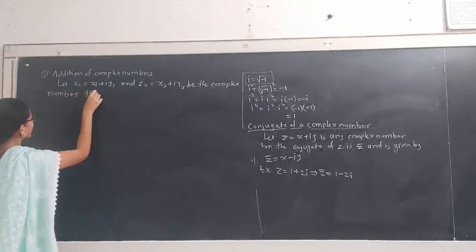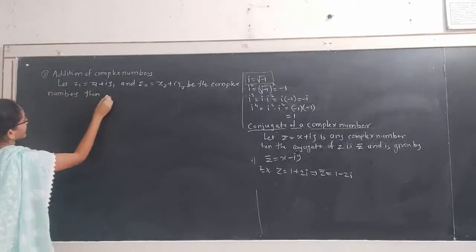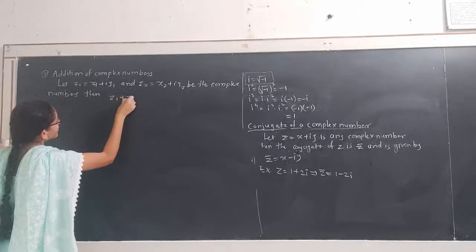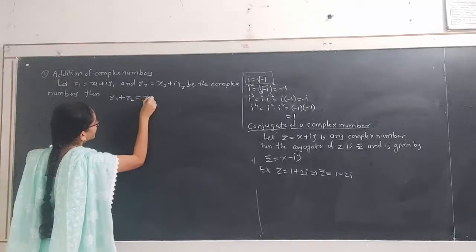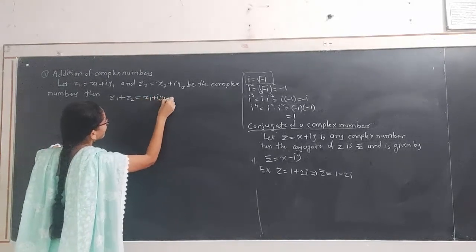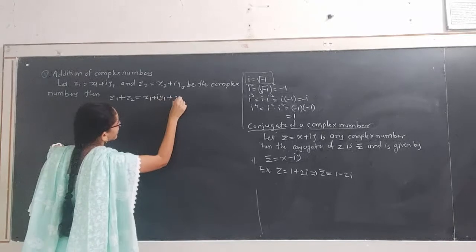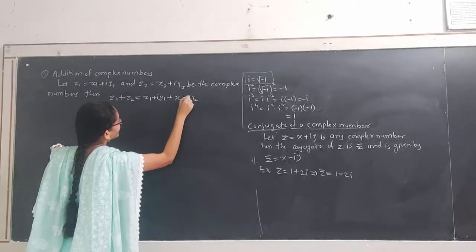Then z1 plus z2: we can add the complex numbers. z1 is x1 plus iy1 plus z2 is x2 plus iy2.